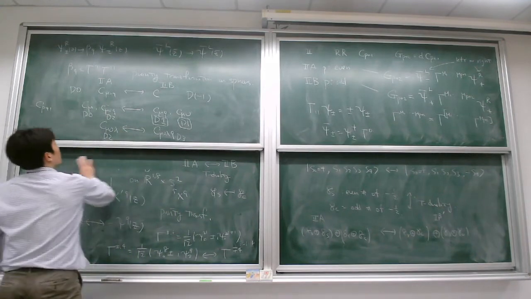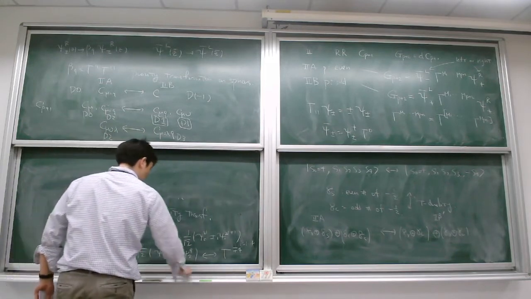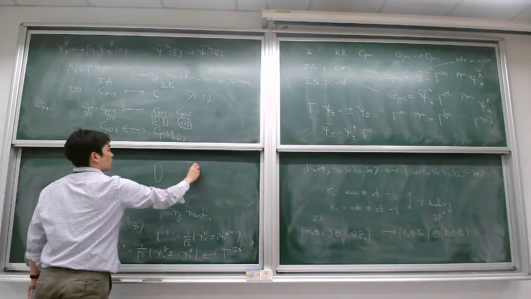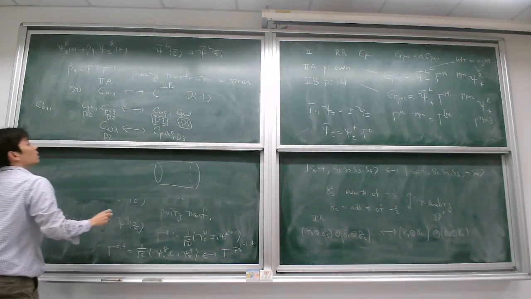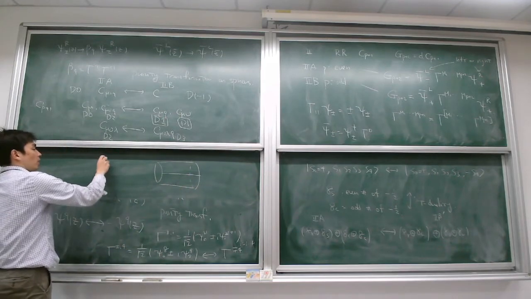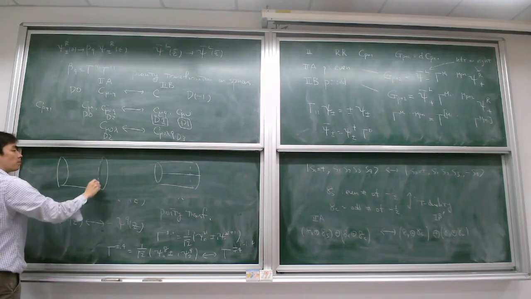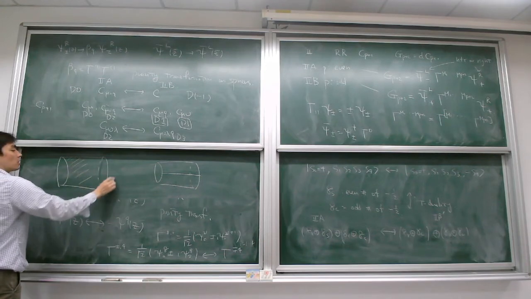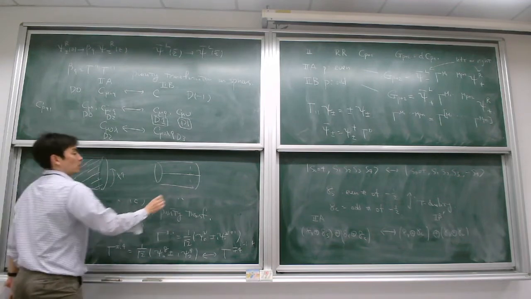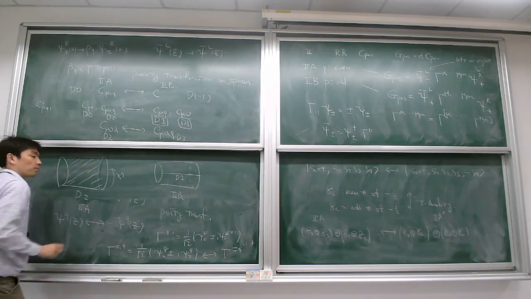So for instance, if you have a D1 brane on 2A and 2B, it becomes, so this is the 9th direction, it becomes a D2 brane, and this is the D1 brane in 2B and 2A. Okay, under T duality.